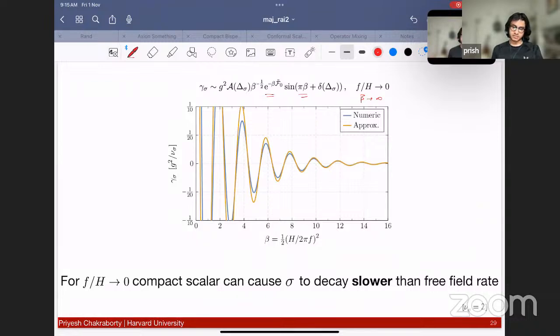As I said, the two-point correlation function of these vertex operators went as 1 over r squared raised to beta in the infrared. So as I made beta really large, this two-point correlation function decays very fast.